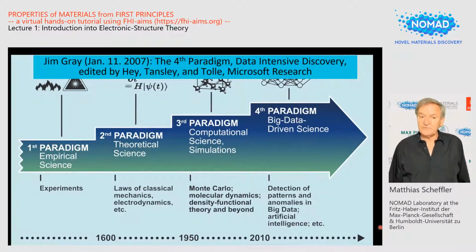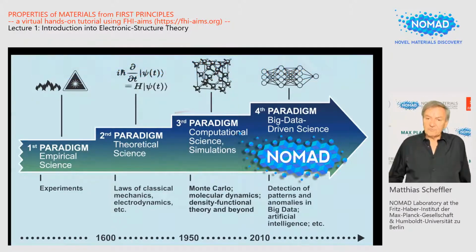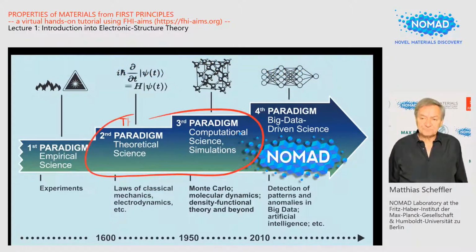As a consequence, such patterns represent and advance knowledge, but they do not necessarily reflect understanding. This is the field of NOMAD, and it will be addressed in the last two tutorials of this course in February and April. Today's tutorial and my remaining talk deal with the second and third paradigm.